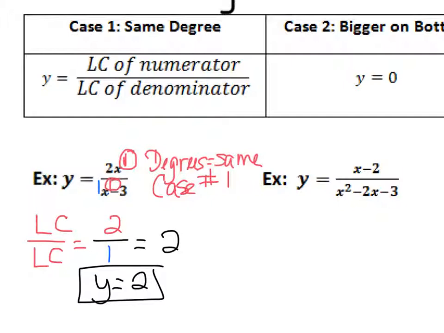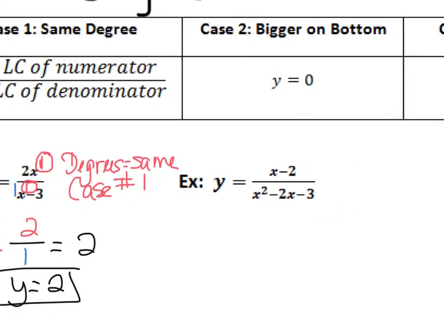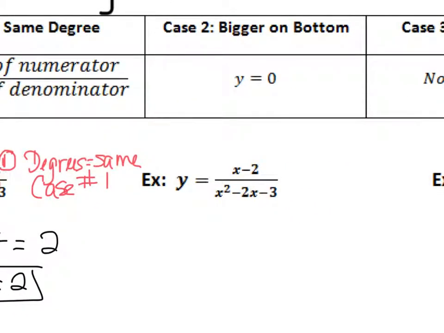Second example, in the numerator, the only variable, because remember, degrees only come from variables, is an x. So that has an exponent of 1. So that's my degree. In the denominator, the degree is 2. So 1 on top, 2 on the bottom.